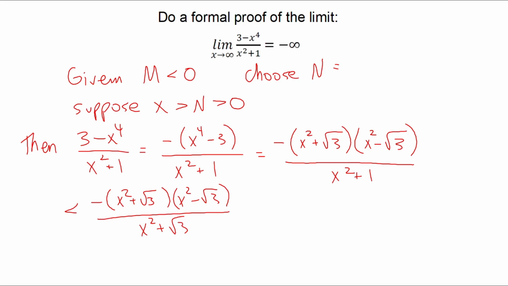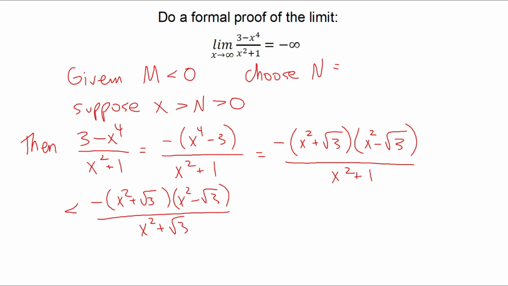Because what I've done is I've made the denominator now a larger thing, because root 3 is more than 1. So I've made that denominator larger, but because this thing is negative, a larger denominator, which would normally make something smaller, is actually making it bigger because it's a negative, right? So it's getting to be closer to 0.